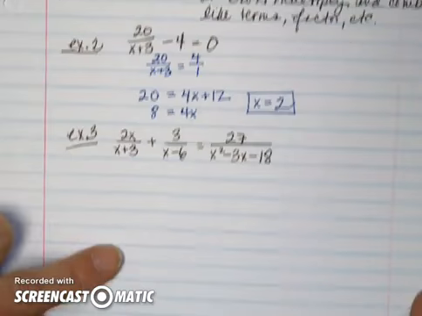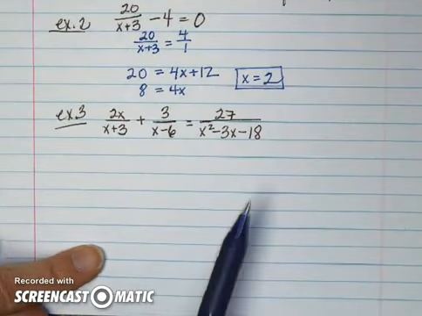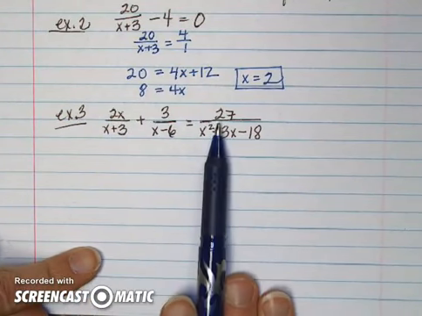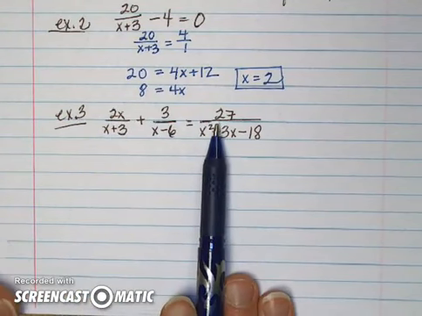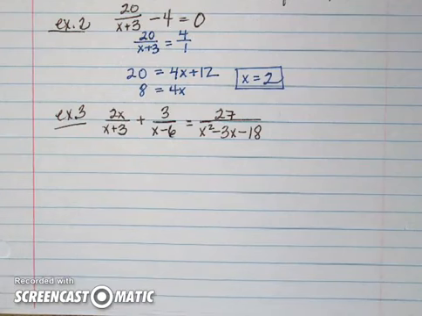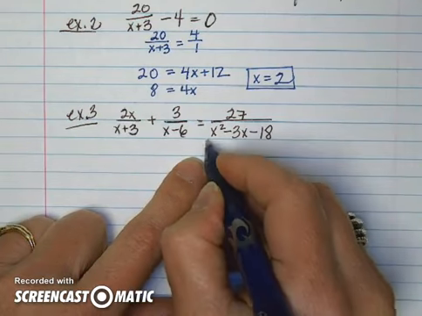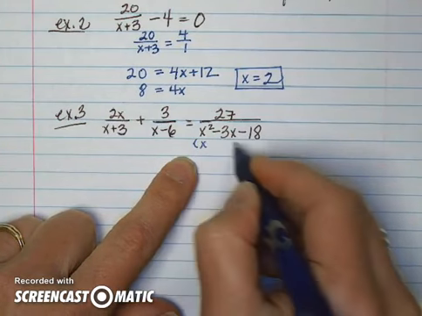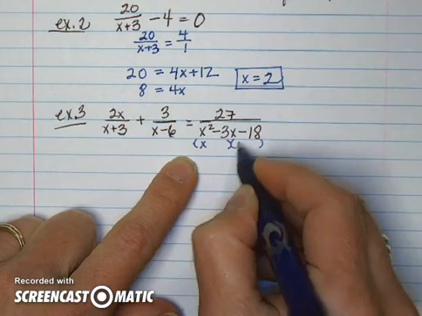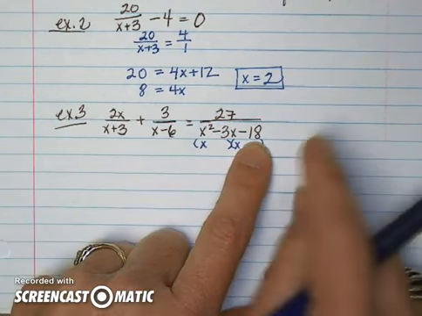Let's look at example 3. Example 3 has 3 fractions, and now I know that when I add fractions, I need a common denominator. So if I factor this denominator, I need factors of 18 that, when I add and subtract them, give me negative 3.